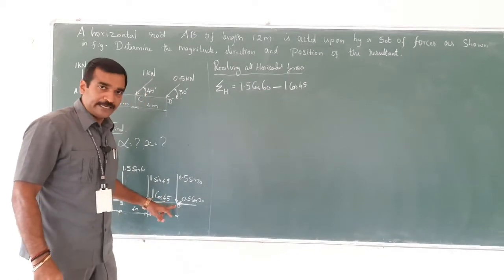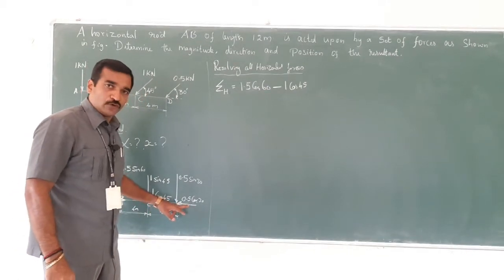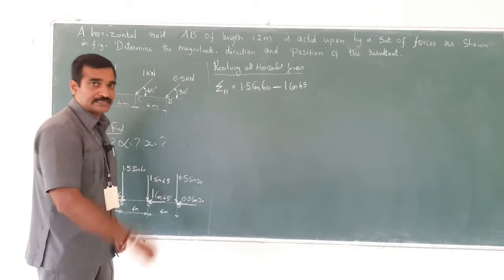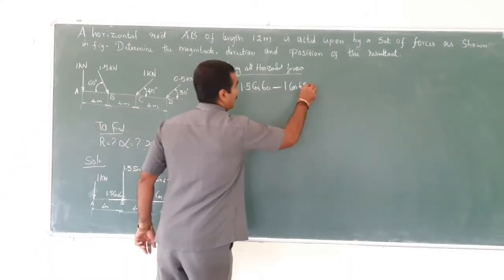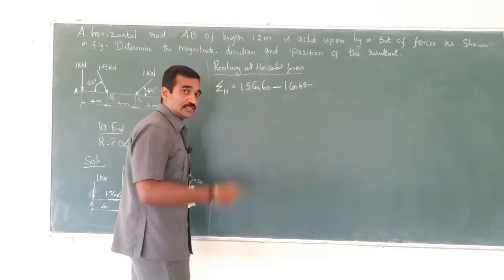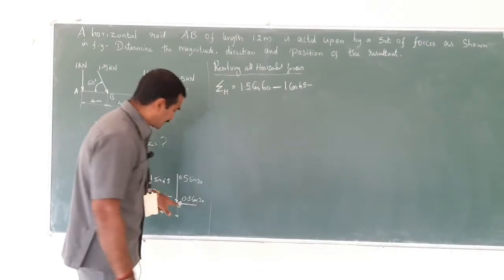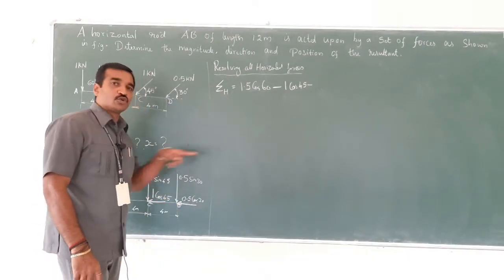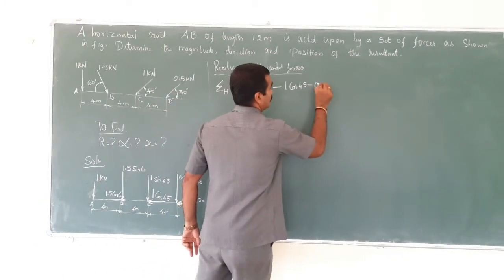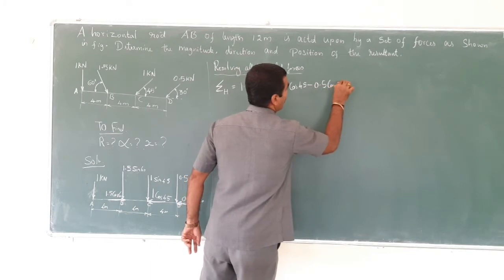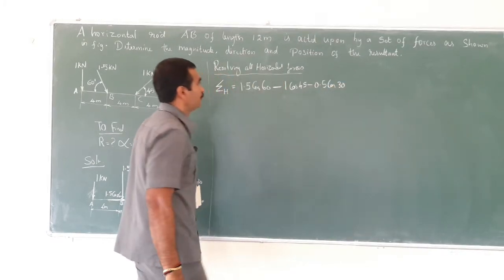And at point D, a horizontal force which is acting in the negative x direction of magnitude 0.5 cos 30. So which will carry minus sign because this arrow is pointing towards the minus x direction.